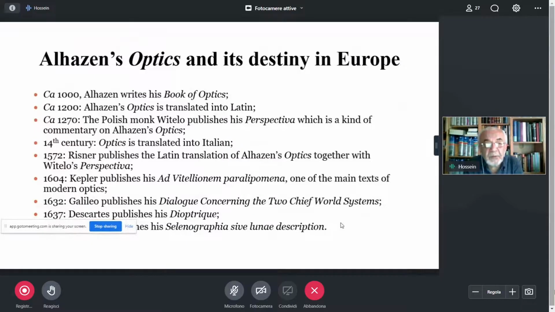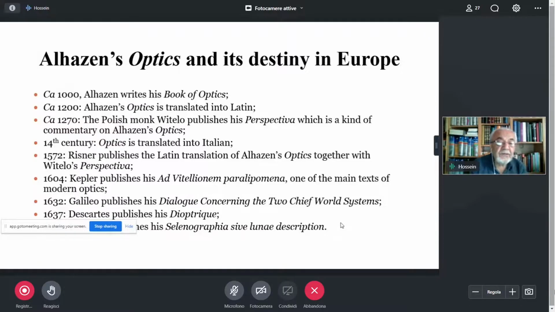A few words about Al-Haytham. He lived in the second half of the 10th century and the first half of the 11th century. Mostly he lived in Cairo in Egypt, and he's known above all for his book, which is called the Book of Optics, or Optics, to be short.